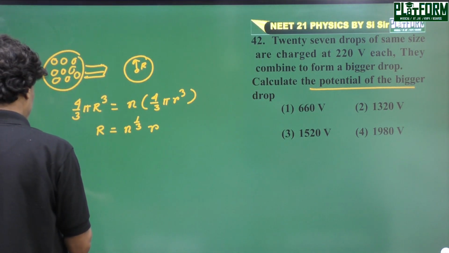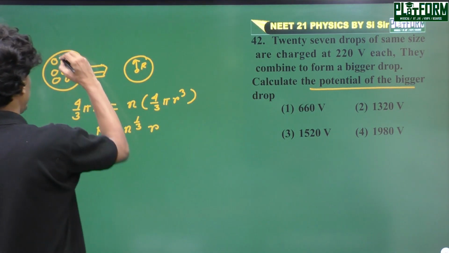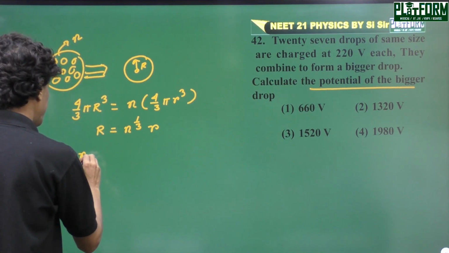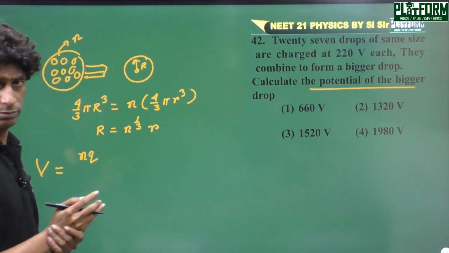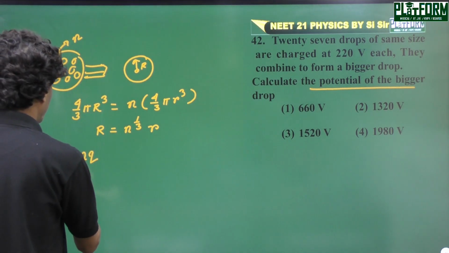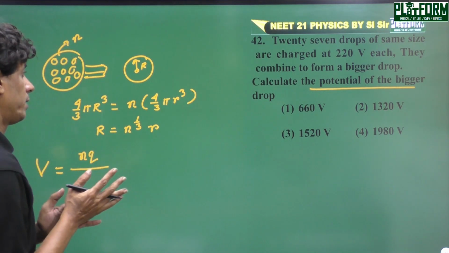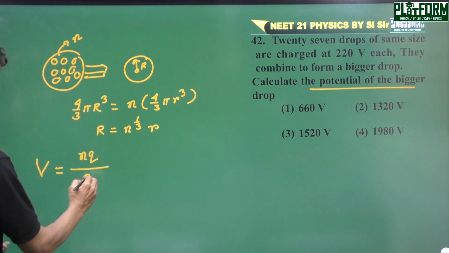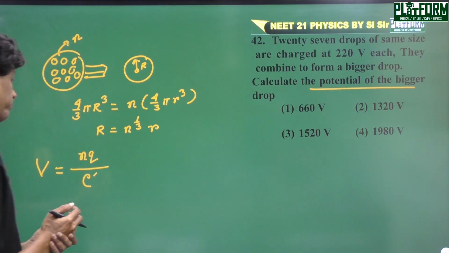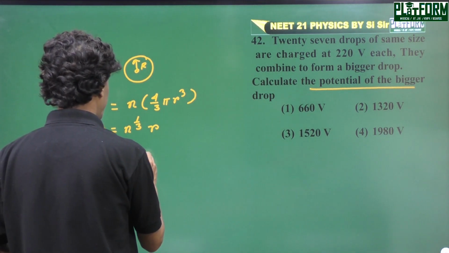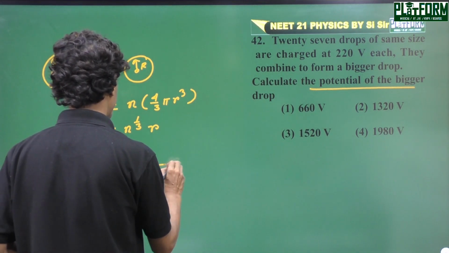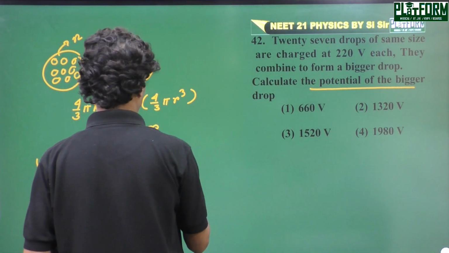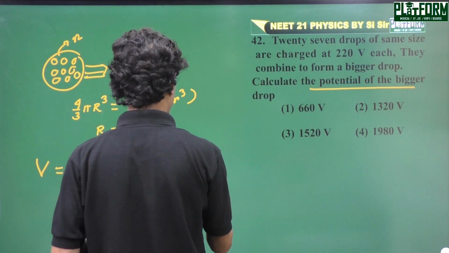So for the potential of the bigger drop, let us say the number of drops is n, so the total charge is nq, and C is the new capacitance, let us say. So it is nq, and C is equal to 4 pi epsilon 0 r. Finally, it is 1 by 4 pi epsilon 0 r.